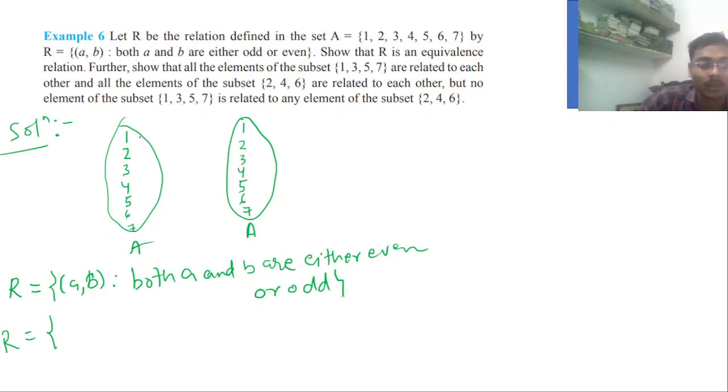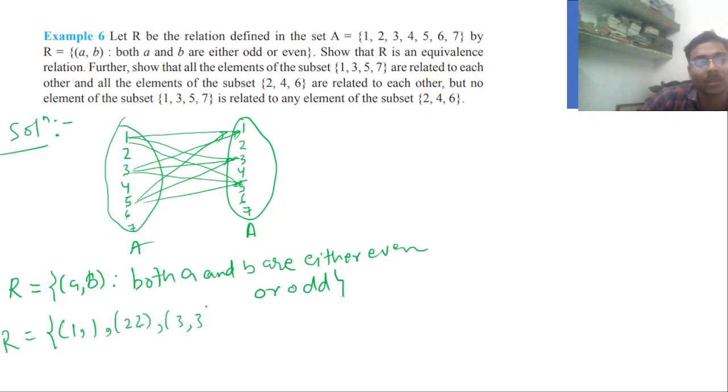If we take both odd numbers, like 1 with 5, 1 with 3, 1 with 5, these are the numbers I am considering as odd. Then 1 with 1, 2 with 2, 3 with 3, which means even to even, odd to odd.